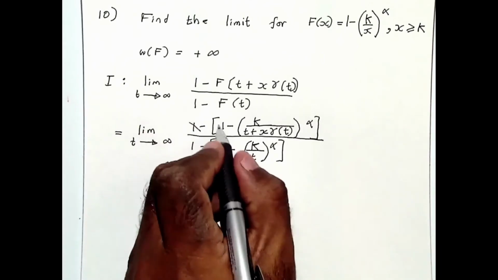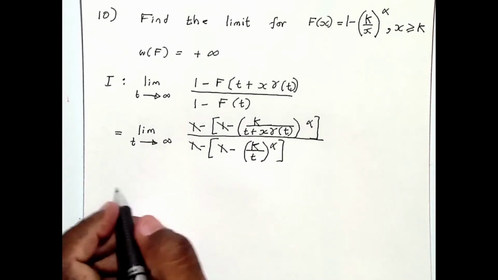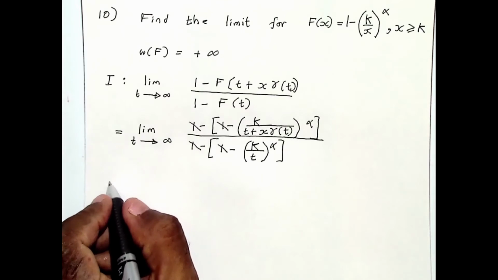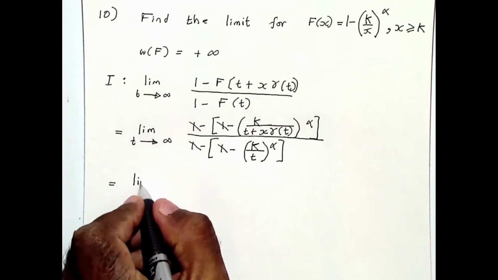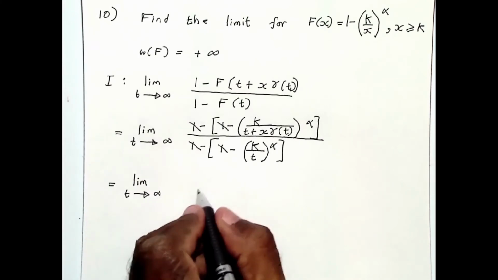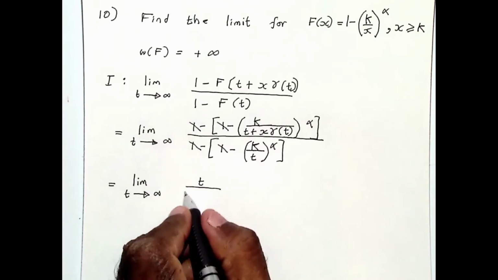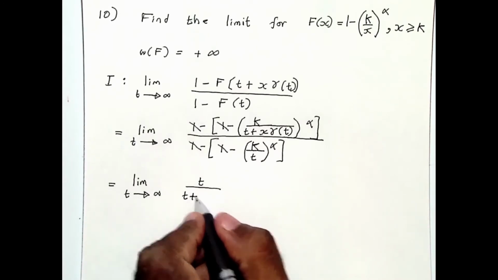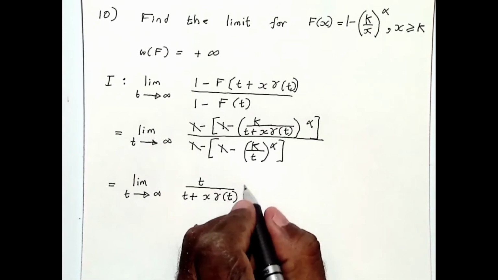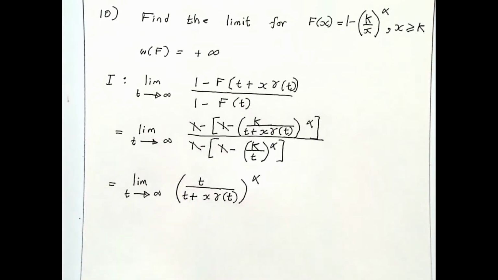Now the 1s cancel out, and the k's also cancel out. So what you get is the following. You get the limit as t goes to infinity of t divided by t plus x gamma t, right, everything raised to alpha.